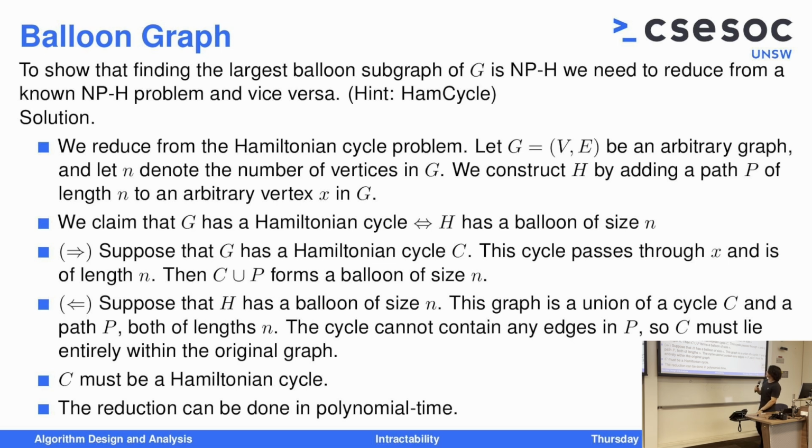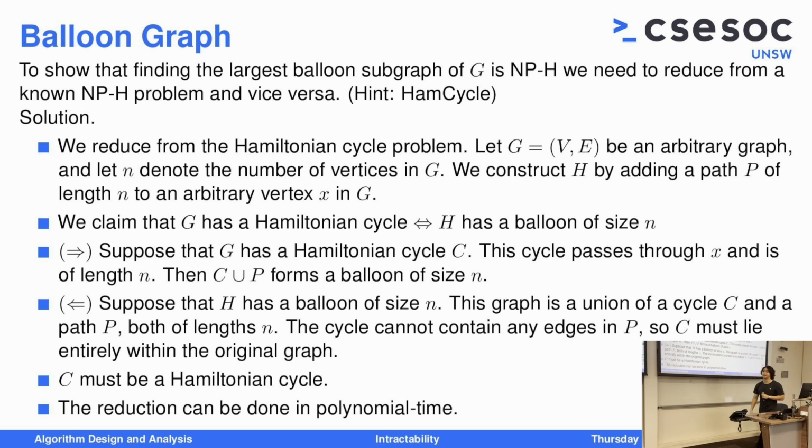Let N denote the number of vertices in G. We construct H by adding a path P of length N to an arbitrary vertex X in G. And here's the important part: we claim that G has a Hamiltonian cycle if and only if H has a balloon of size N. This is really, really important because it means that every zero maps to a zero, every one maps to a one, both ways.